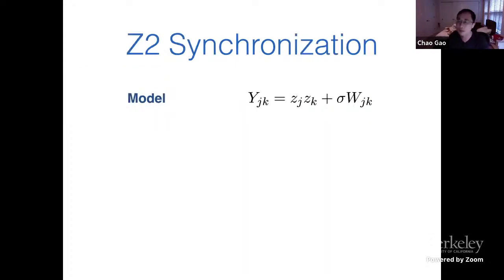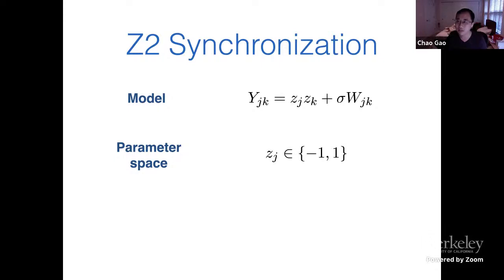Okay, so if I have some additional time, let me also quickly go through the problem of Z2 synchronization, which is very related to phase synchronization. It's actually a simple setting. You also have the observations Y_JK equals Z_J Z_K plus Gaussian noise. But here, the parameter space is even simpler. Each Z_J can only take two values, either -1 or 1.